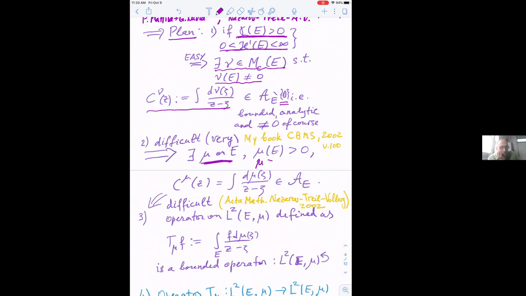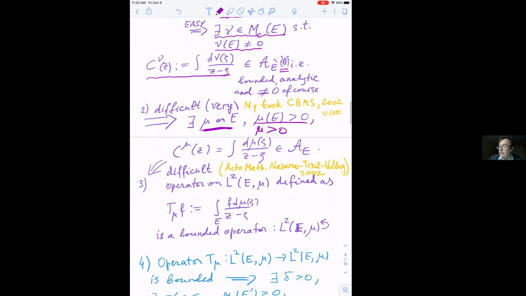So the measure is positive, and of course total mass is positive, such that the Cauchy transform is also bounded. So given a complex measure, the only thing you need to prove is that there exists a positive measure with the same properties. Now, why is it, how to say, kind of incredible?